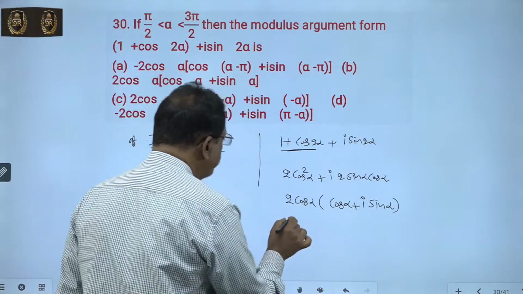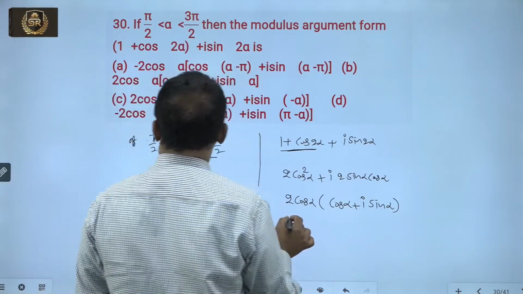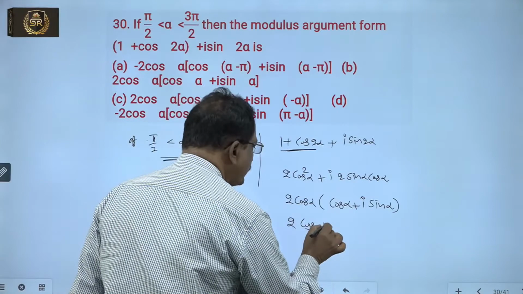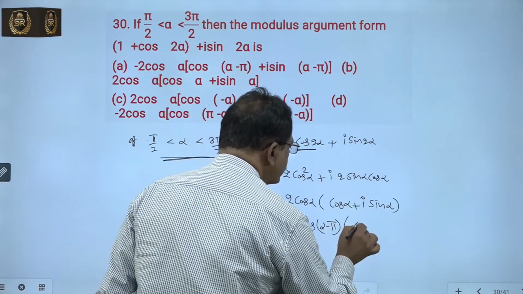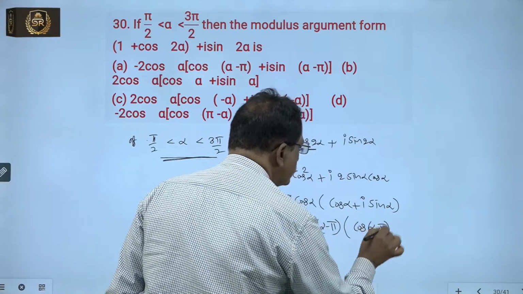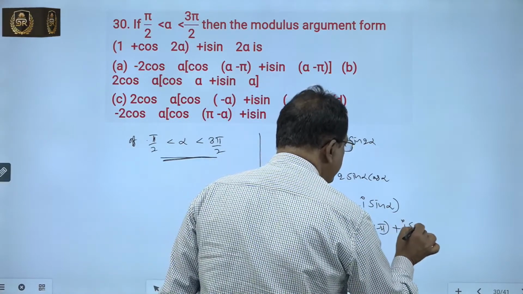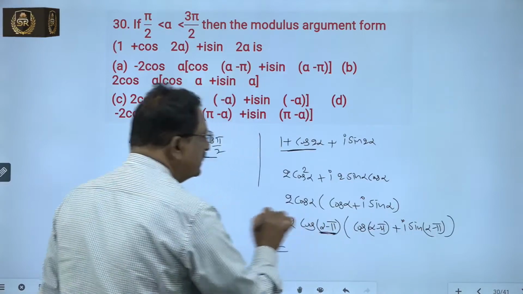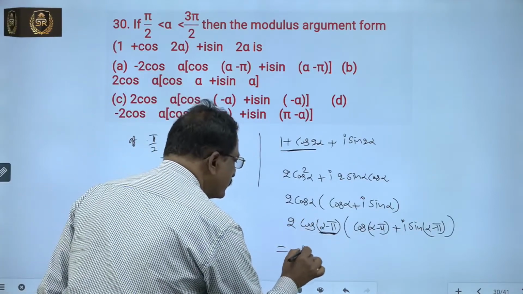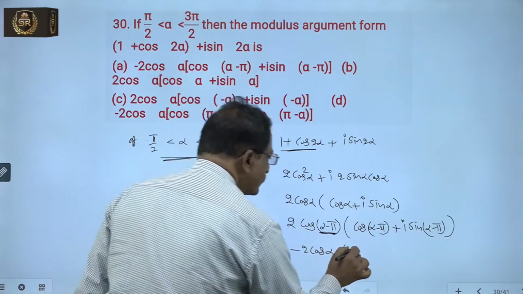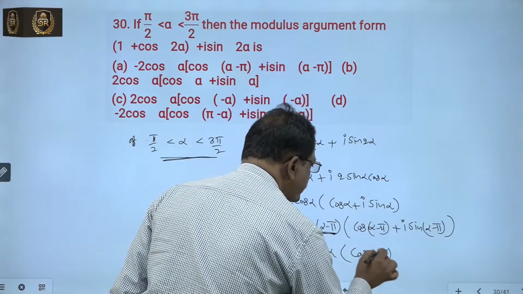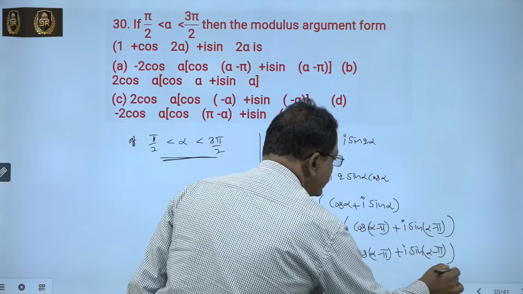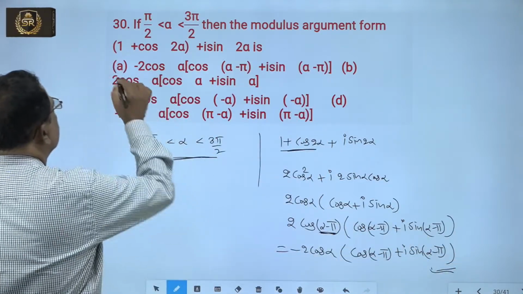Therefore, alpha equals 2 cos of alpha minus pi into cos alpha minus pi plus i sin alpha minus pi, that equals, cos of 180 minus theta equals minus cos theta, minus 2 cos alpha into cos alpha minus pi plus i sin alpha minus pi is the answer. Now the option is the first option.